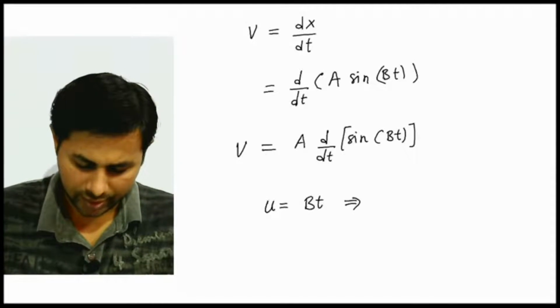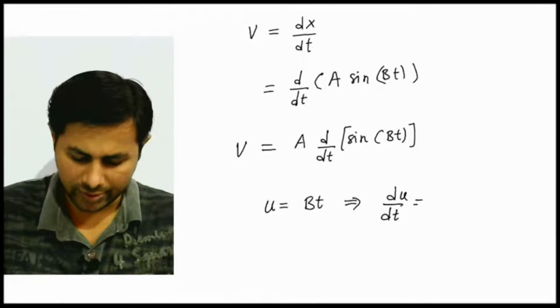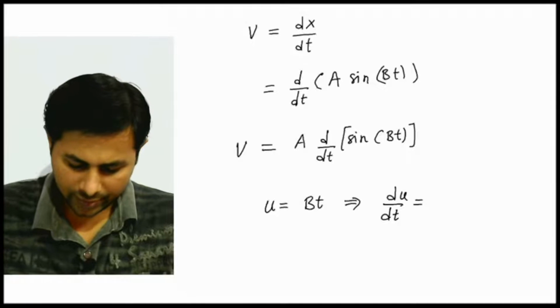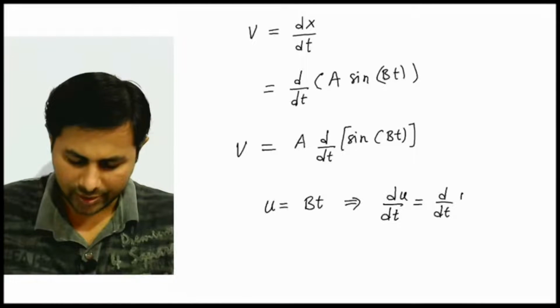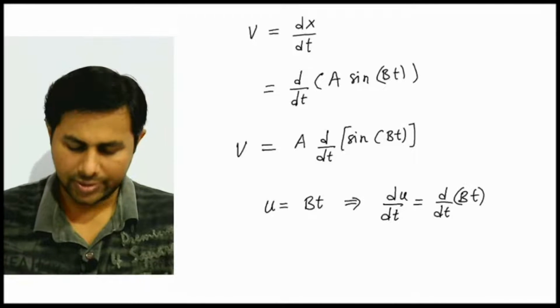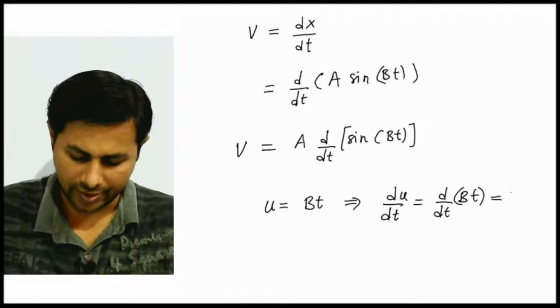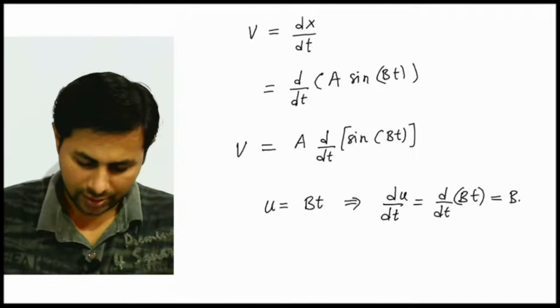Therefore, the derivative of u with respect to t will be equal to what? d by dt of b times t, and we can take b outside. So we get b times dt by dt, that is b.